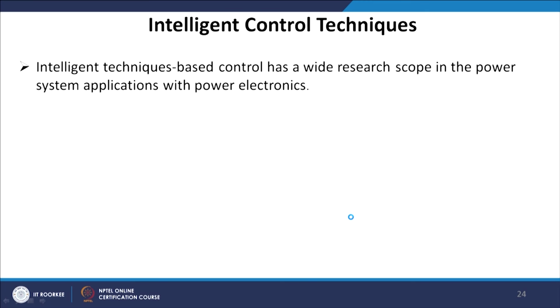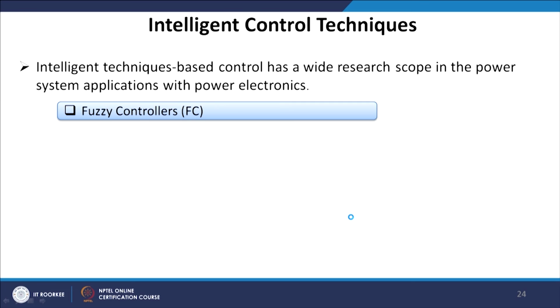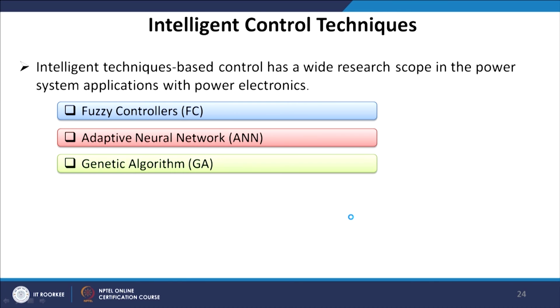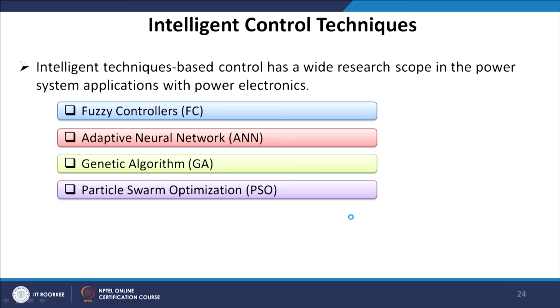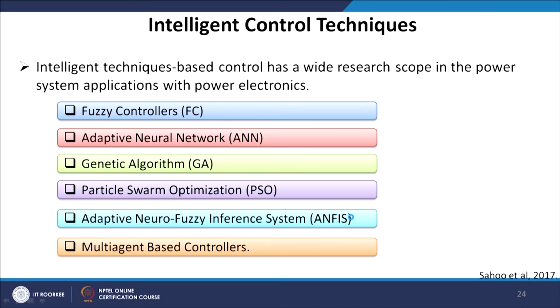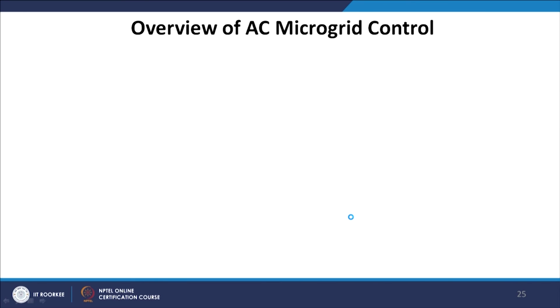Intelligent techniques-based control has a wide research scope in power system applications with power electronics. The first one is the fuzzy controller, then adaptive neural network controller, genetic algorithm based controller, particle swarm optimization based controller, adaptive neuro-fuzzy inference systems, and multi-agent based controllers.